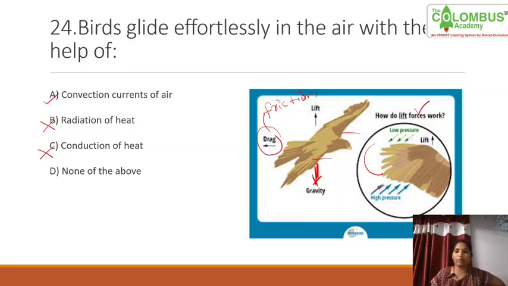Okay, so what is the option? Convection currents of air. When the bird is moving, lifting, high pressure air will lift it and the low pressure air will move down. Due to this, the bird can glide effortlessly in the air with the help of convection currents of air.